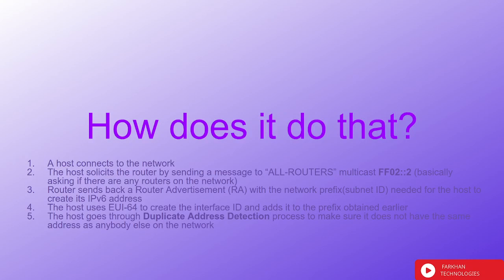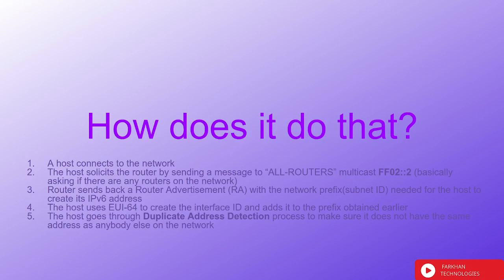It uses the EUI64 process to create the interface ID, right? And adds it to the prefix obtained earlier. So it adds the created interface ID to the prefix learned through router advertisements, right? And then it goes through the process of duplicate address detection, just to make sure that it doesn't have the same address as anybody else on the network.